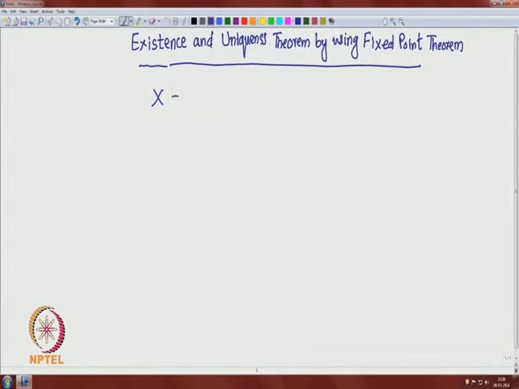In the preliminaries, we have already seen the fixed point theorem, the Banach contraction principle, and also a generalization of the Banach contraction principle. Let me just recall the Banach contraction principle. Say X is a normed linear space, and the space is complete with respect to the norm, and we call this a complete normed linear space.